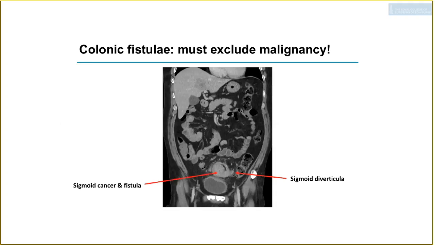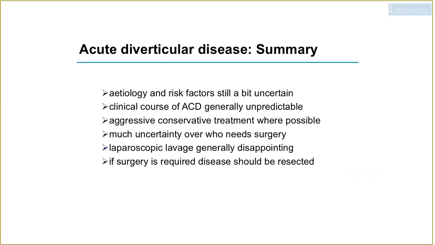Here is his sigmoid cancer with the fistula into the bladder, and here, sadly, is his liver metastasis. And so you must make sure that you're dealing with the right pathology, because that will determine what you do next. Colovesical fistulae are predominantly diverticular disease, about 3/4 of cases, and about 20% or so are malignant, and the other few are inflammatory bowel disease mostly.